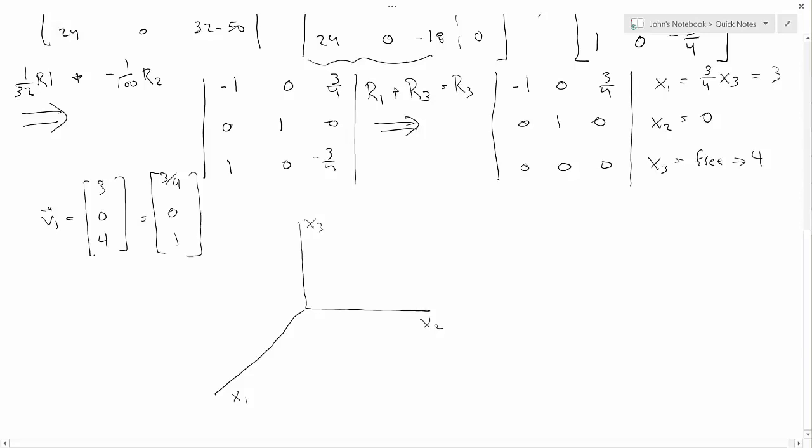So I have a vector that is 1, 2, 3 in the x1 and 4 in the x3. 1, 2, 3, 4. So it'd be somewhere over here, okay? And it's in that plane. So this is my vector, okay? This is my eigenvector, right?